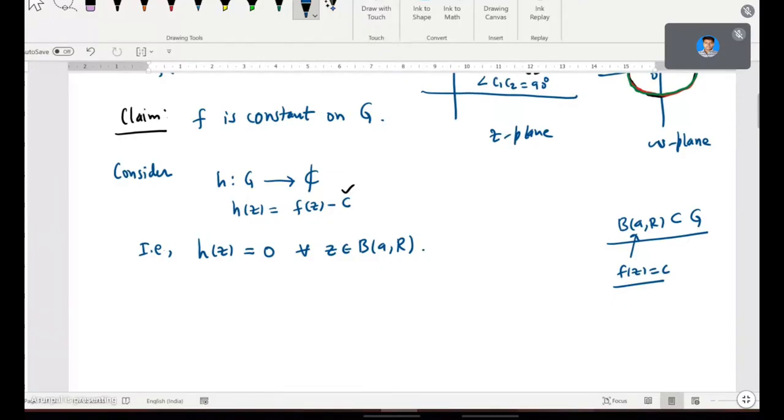Right? And now class, take a note. f was analytic on the whole of G. C is just a constant function, so it is analytic.